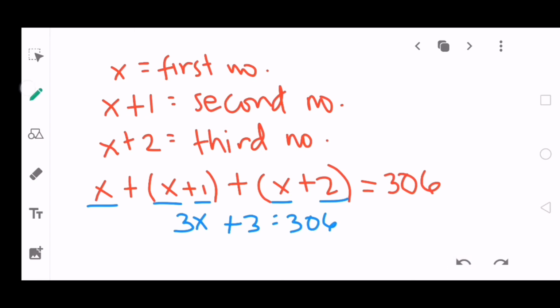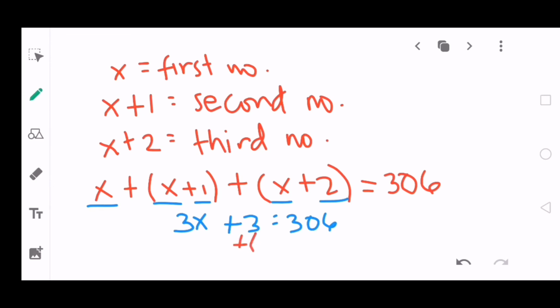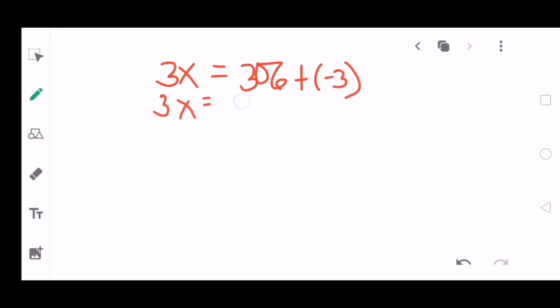To simplify this one, let's add negative 3 on both sides. So this one will be cancelled out. What we will have now is 3x is equal to 306 plus negative 3, and that is 3x is equal to 303.